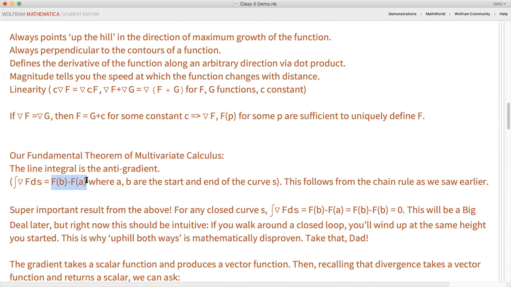All it mattered was B and A, right? On this right-hand side, there was no reference to some intermediate point C, no dependence on how long it took me to get there. All it mattered was where I started and where I ended. So those are all equivalent statements, and those are all the requirement.